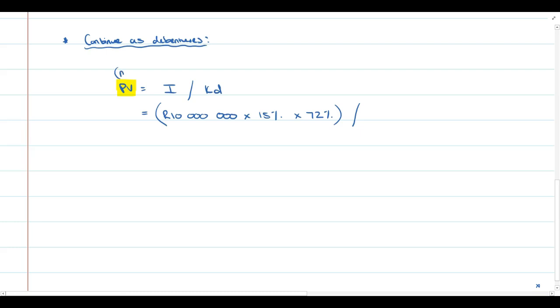Remember, this is your market value. So what do you use as the discount rate when calculating your market value? You use the cost of debt. When calculating your interest cash flow, you use the coupon rate.